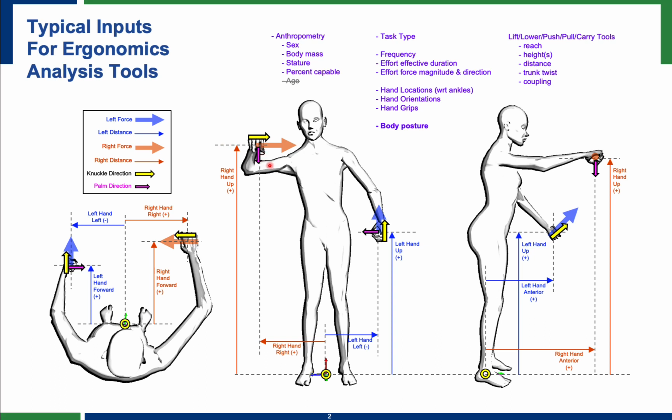Is somebody drilling? Are they grabbing a handle? And where would those hands be in space? And then usually with an Ergo tool, you'd then have to posture the person relative to this. So the ergonomist would have to guess what posture the person will be in, or maybe you have a photo of how someone did that one particular time that you observed them, for one particular individual.